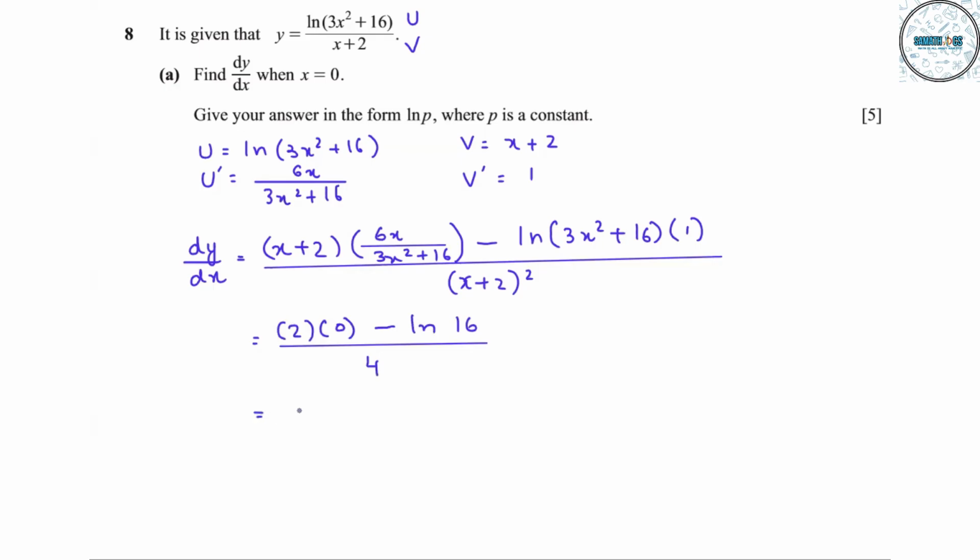So we have here minus ln 16, we can write 16 as 2 power 4, divided by 4, is equal to minus 4 divided by 4 ln 2.